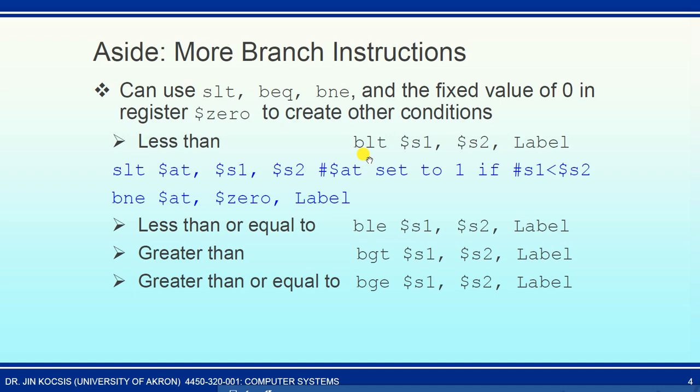But here you might be a little confused, because you haven't seen this general purpose register AT before. It is called the assembler temporary register, reserved specifically for the assembler's translation.